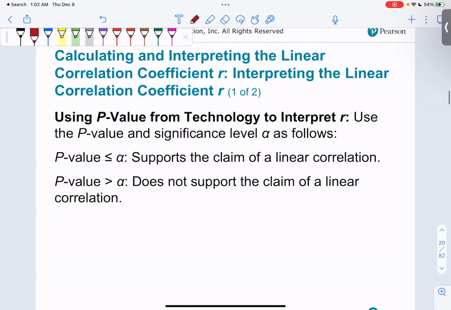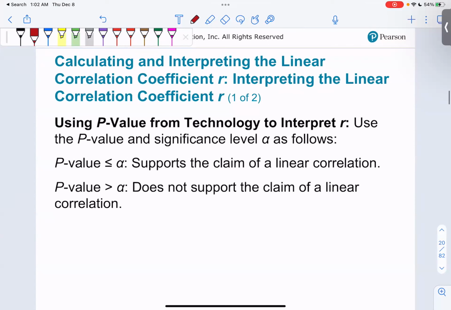Okay, so now if you want to find the critical values for correlation, we will use the P value. So the P value must be less than or equal to alpha. Then we can say that, oh yes, we have a linear correlation.